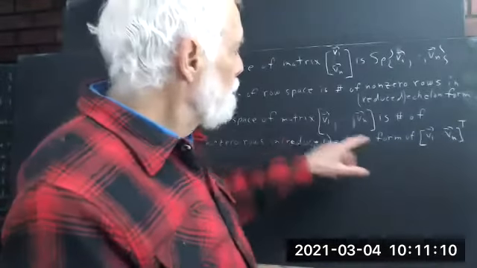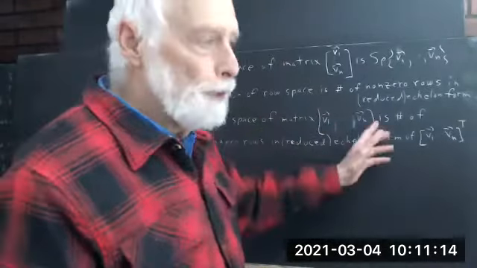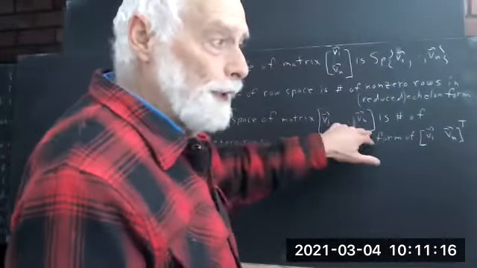Because when you transpose this matrix, the columns become the rows, and this is then the row space of these vectors.